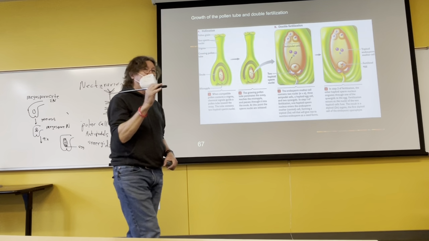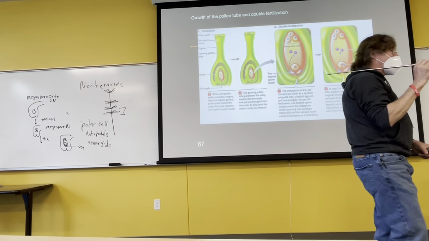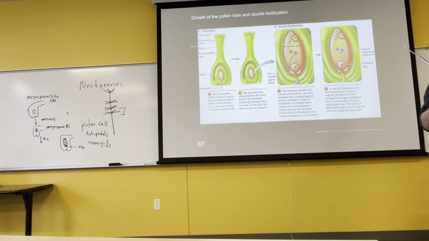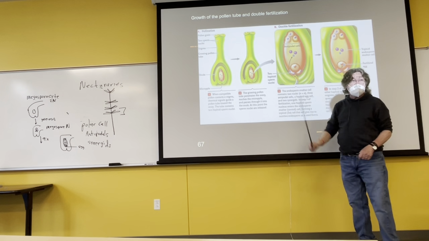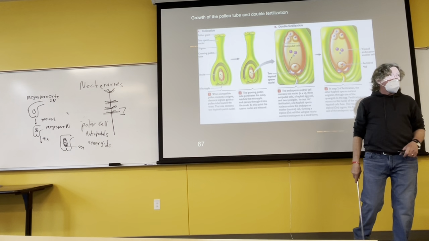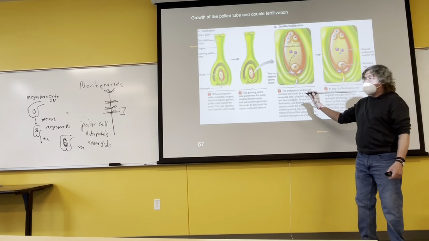From the remnants, from the what? From the synergids. Well, it's coming from the carpel itself. I mean, this in here is producing that material that can be taken up by the tube cell. Okay, so it is that carpel that's providing the material.